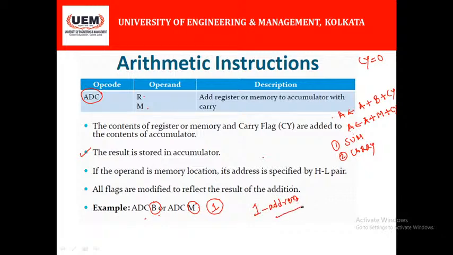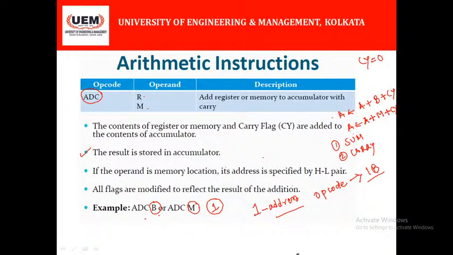In the case of ADC we require only the opcode to inform that we want to perform the ADC instruction. To represent the opcode we require 1 byte, so ADC is a 1 byte instruction.